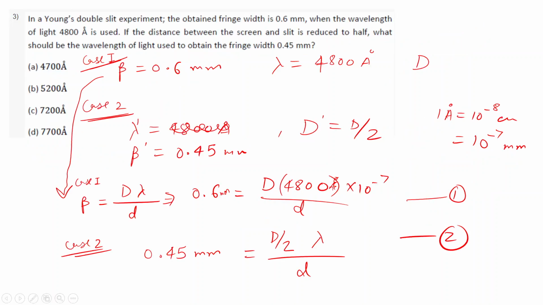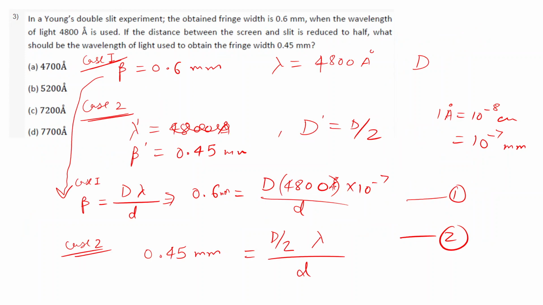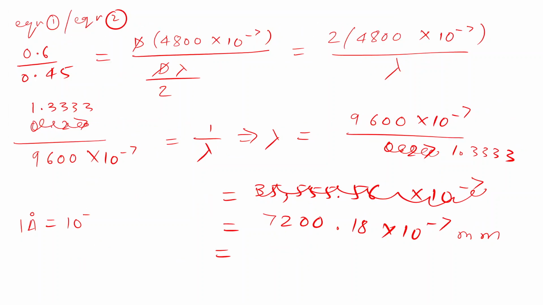If I want to keep it in the form of angstroms, right now this is in millimeter. 1 angstrom was 10 to the power minus 7 mm, so 1 millimeter will be 10 to the power 7 angstrom.